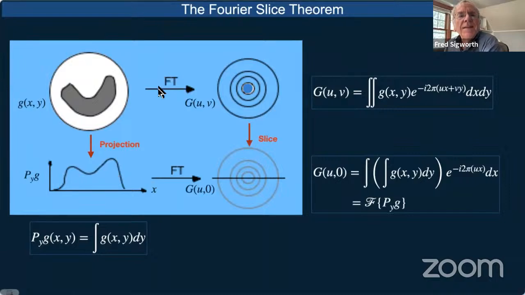Now the trick is that you can also think about this 2D density of a slice of your body as some Fourier transform function. Now the cute thing is that the Fourier transform of this 1D projection turns out to have exactly the same values as the value of this Fourier transform along a single line, along a single slice.